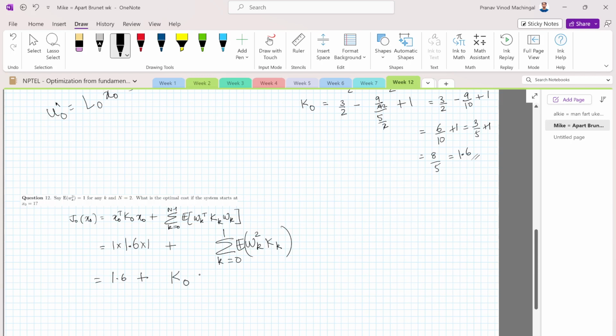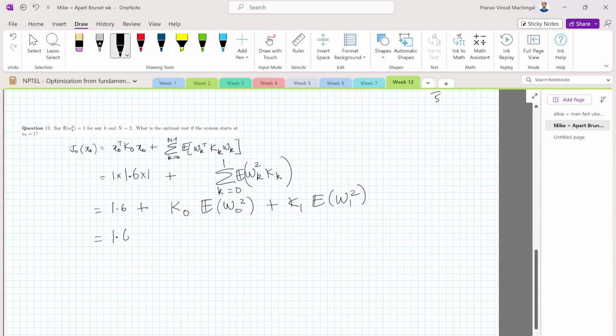K is 0, expected value of wk square, plus K1, expected value of w0 square and w1 square.